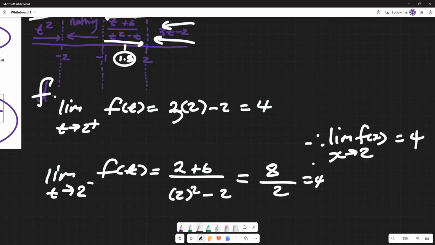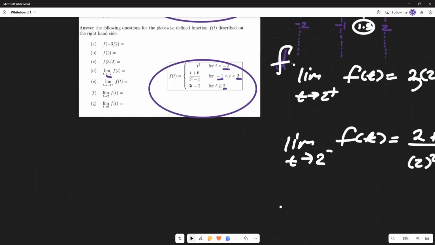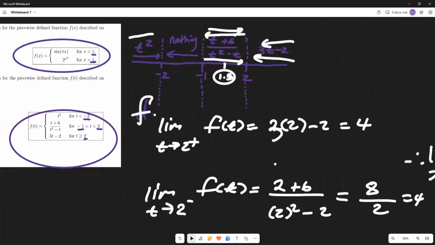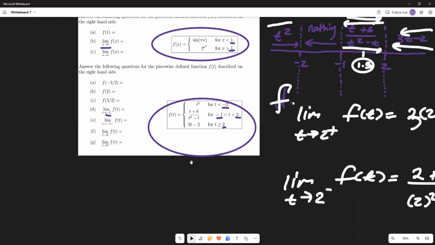Now let's do the last one. They want us to do t approaching 0. If it's approaching 0, remember 0 is in between -1 and 2, so we're somewhere there.